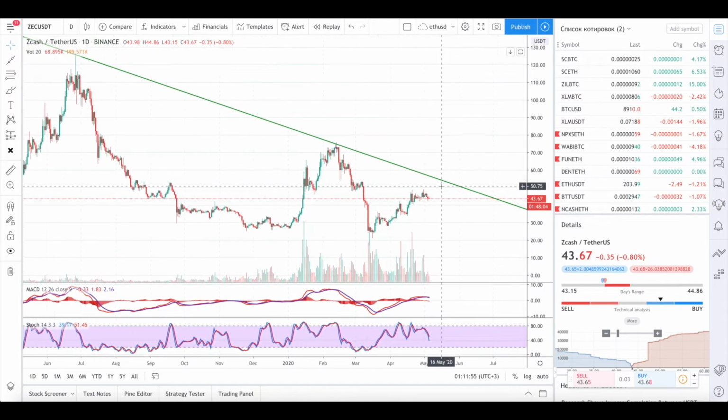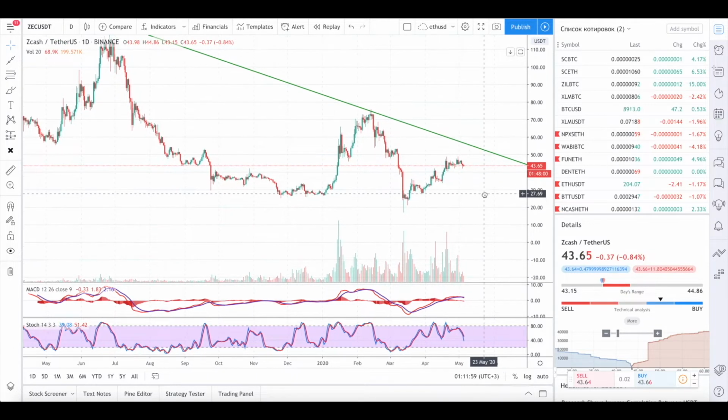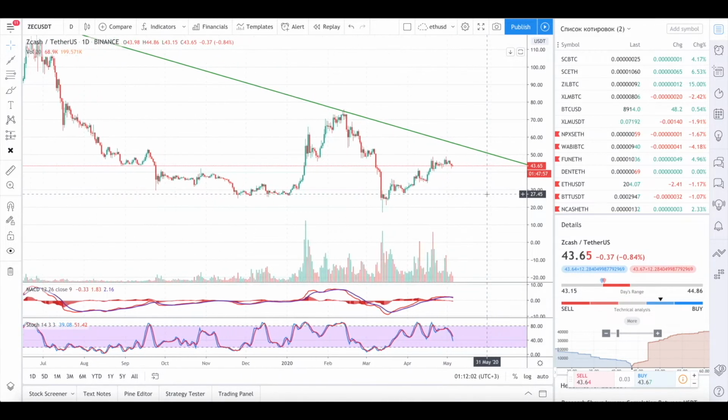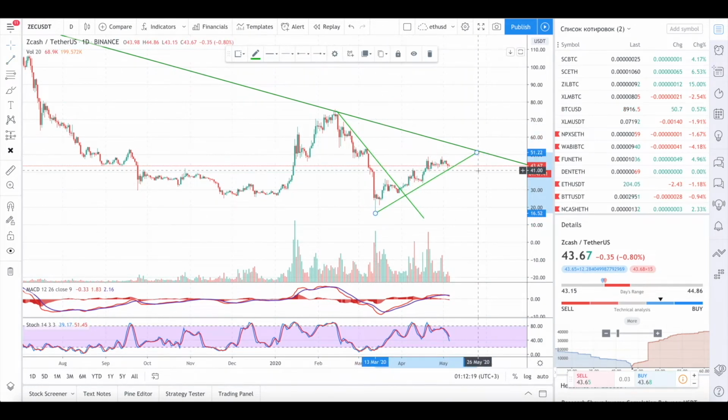Looking at volumes as well as indicators, it is very interesting to me and very promising for trade. At the moment, Zcash has broken through a local downtrend, and now Zcash has formed a local uptrend.